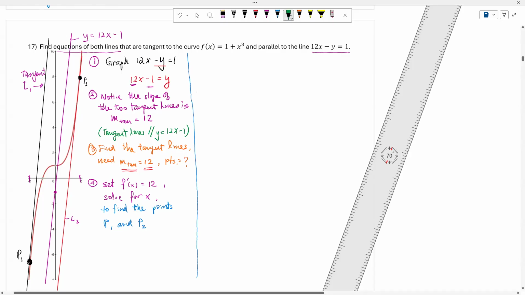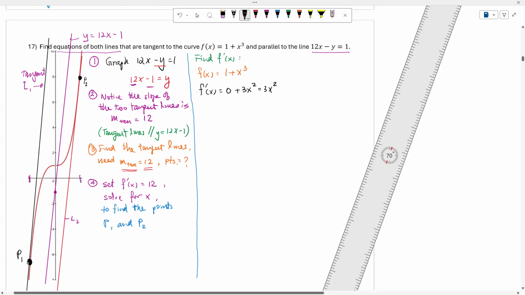So then now, let's start the problem. First, I would like to find f prime of x. If I have f of x equal to 1 plus x to the power 3, then f prime of x is equal to 0 plus 3x squared, or just 3x squared.